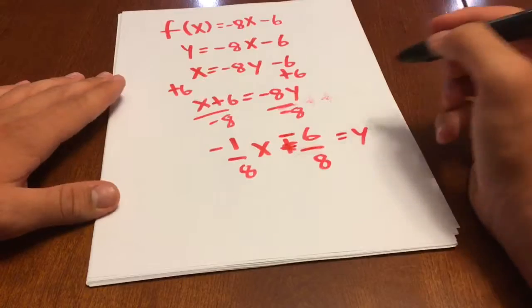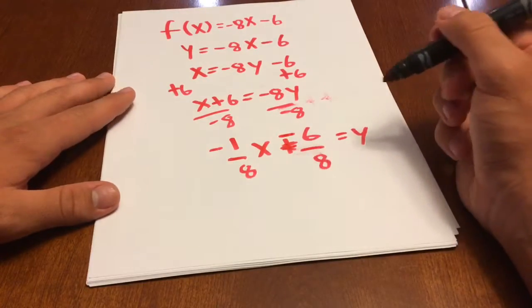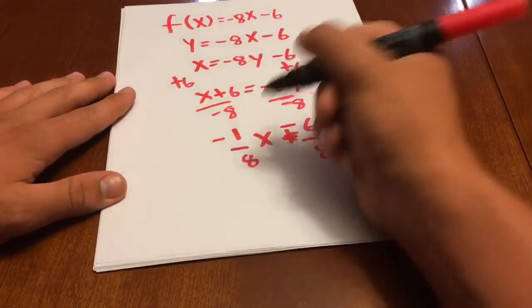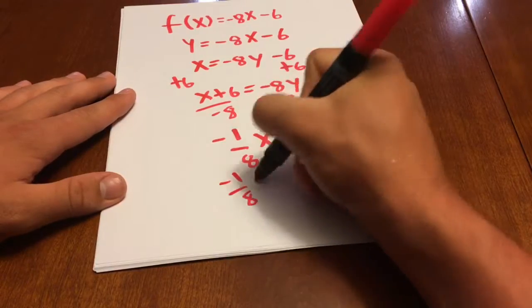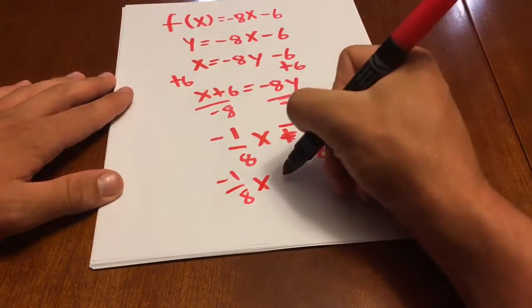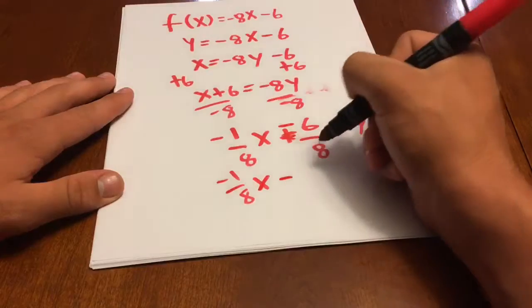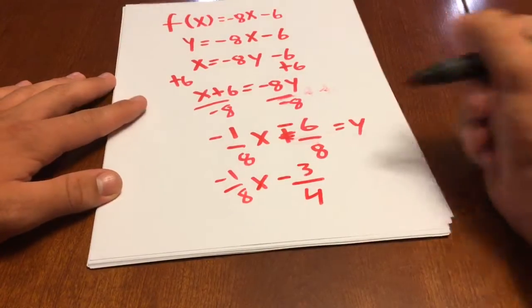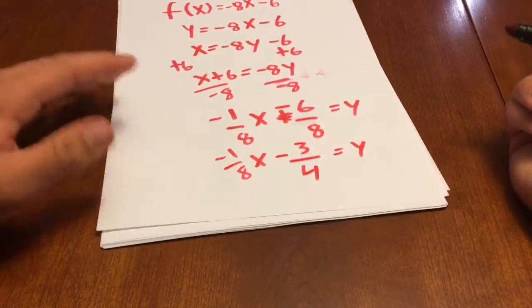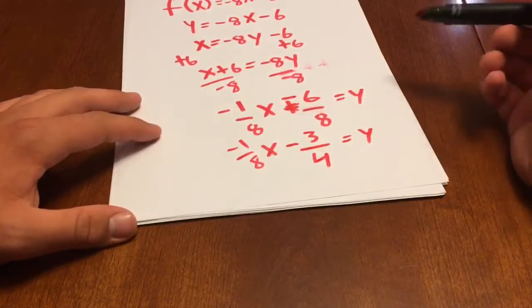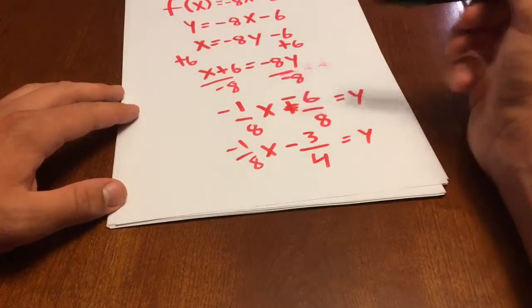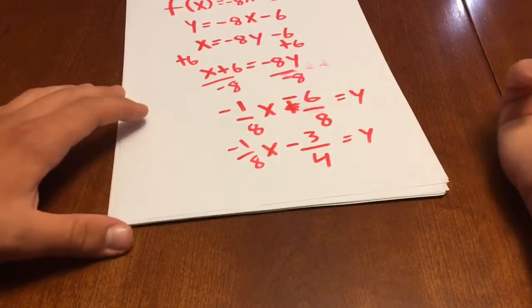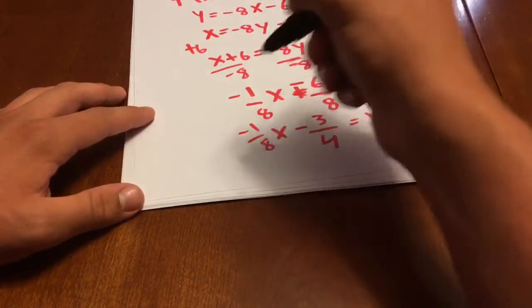Okay, well, negative 6 over 8 can be simplified further, and you would get negative 1/8x minus 3 over 4 equals y. And that is the answer, but we need to set it equal to f of negative 1 of x, and that's how you write the final equation.